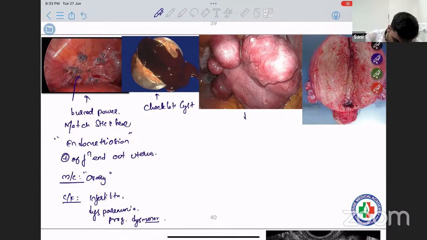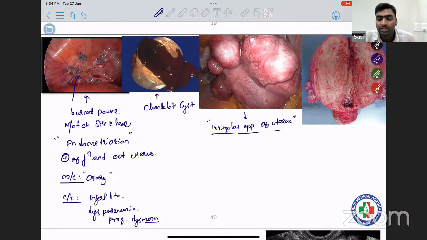Next one, if you see this irregular appearance of the uterus, which condition will you think of? Yeah, fine. Most of you are guessing it correct. You will think of the fibroid of the uterus. You know, fibroid is the most common benign condition in the uterus.